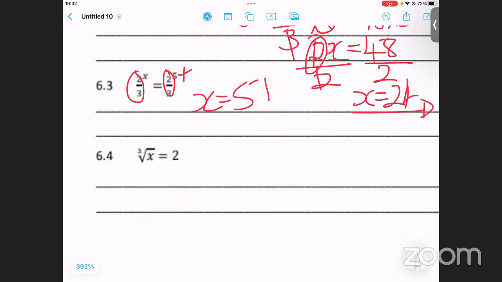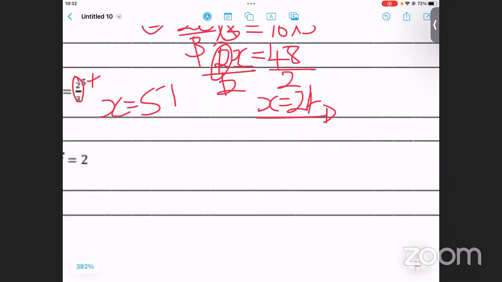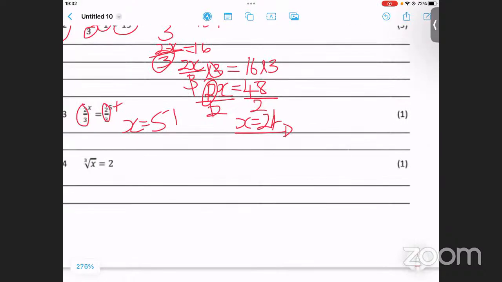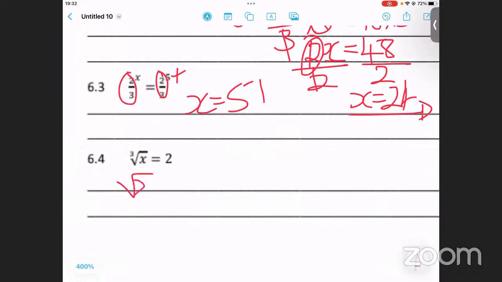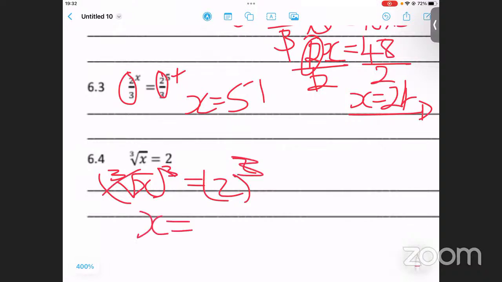Yes, ma'am. Okay, cool. This is what you're going to do. It's just 1 mark, okay? So basically what Luhumo is saying, we're going to cube everything. This will remove that, so that means our x is going to be 2 to the power of 3, which is 8.